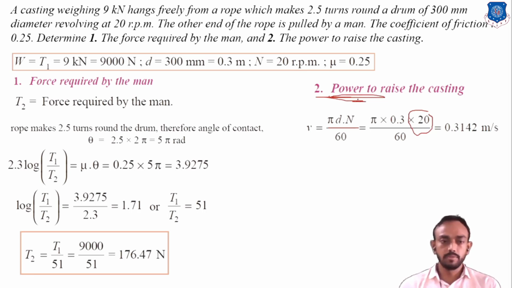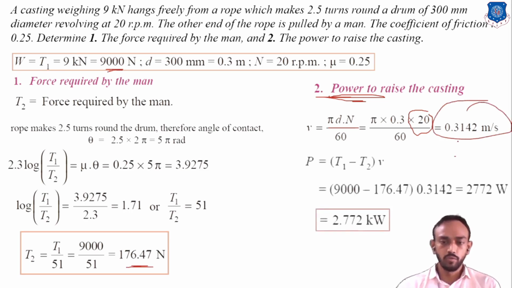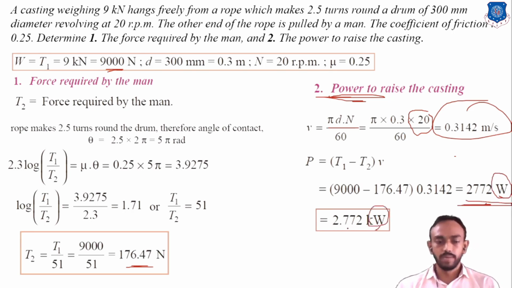Power transmitted through the belt drive is (T1 minus T2) into velocity, meaning tight side minus slack side into velocity. You find the power as 2772 watt. If you want it in kilowatt, divide by 1000. So the power required for that weight is 2.7 kilowatt.